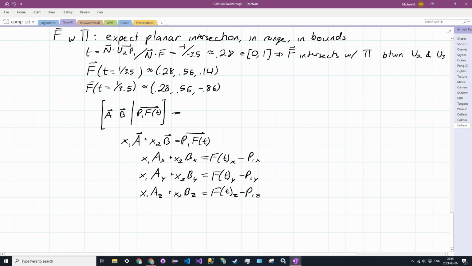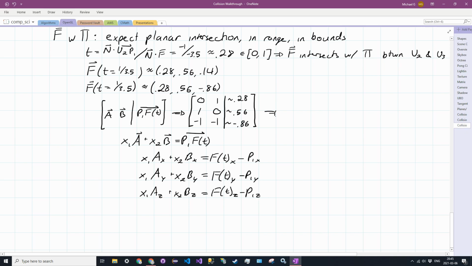Alright, so plugging these into the matrix, we have the same coefficients as before. And then this is approximately 0.28, approximately 0.56, and approximately negative 0.86.